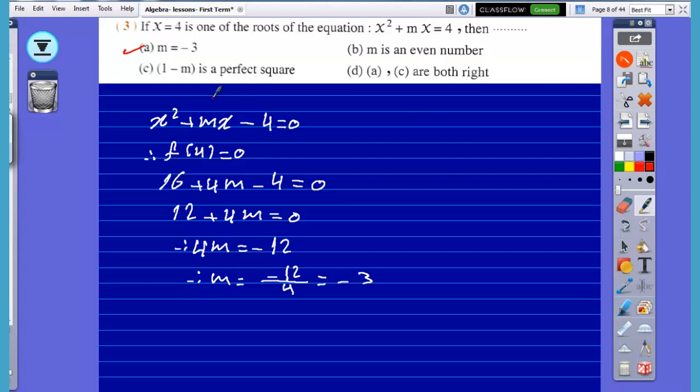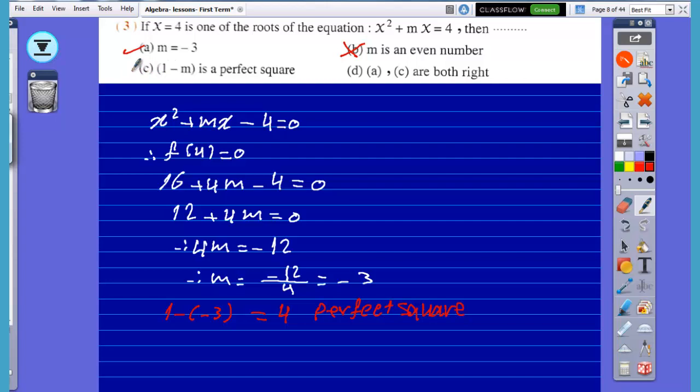But we must check the other solutions. We have m is an even number. No, it's wrong, because we have negative 3. 1 minus m is a perfect square. Let us check it. 1 minus m, with m equal to negative 3, equals 4, and this is a perfect square.